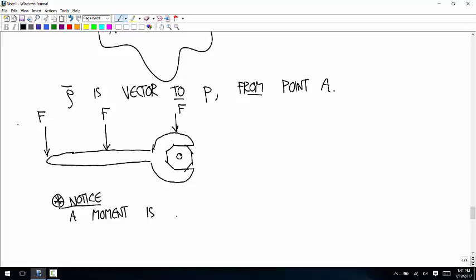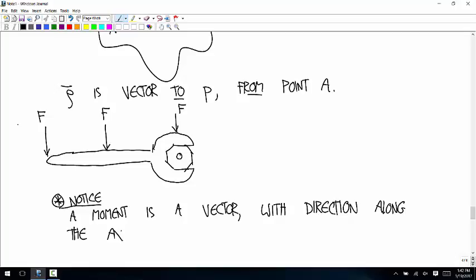But a moment is always a vector, along the axis of the produced rotation.